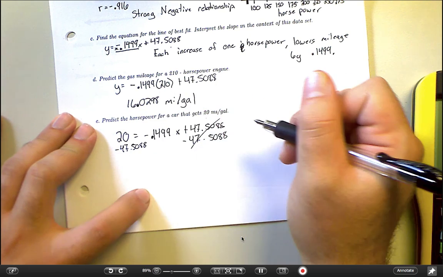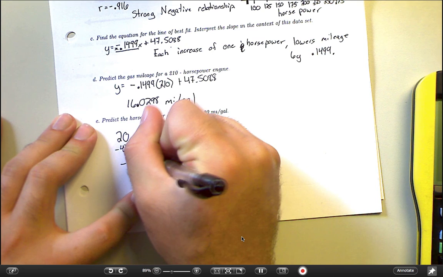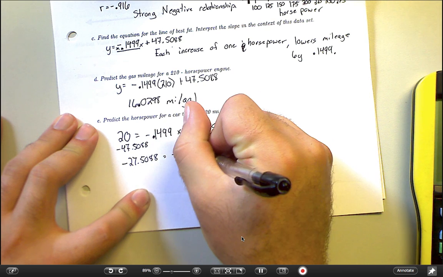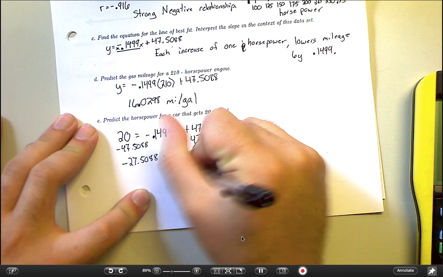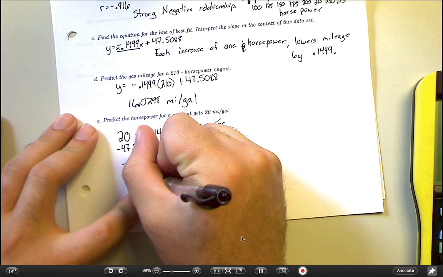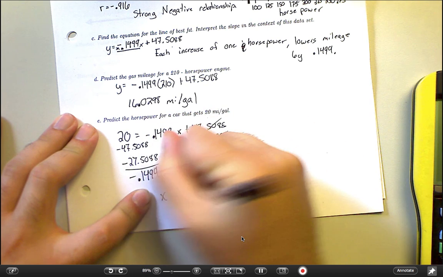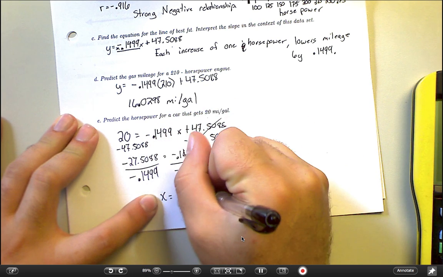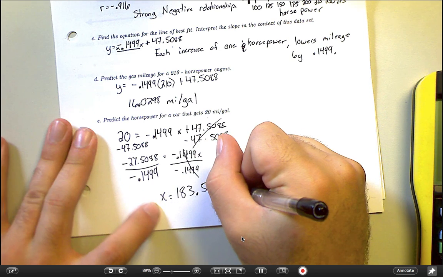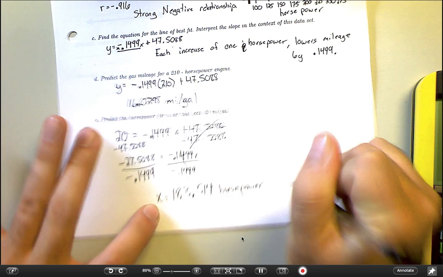And when I do that, our right side cancels there, and we're left with negative 27.5088 is equal to negative 1.1499x. Divide by your amount there on both sides, and we get our answer here of x is equal to 183.514. And that is all in horsepower.